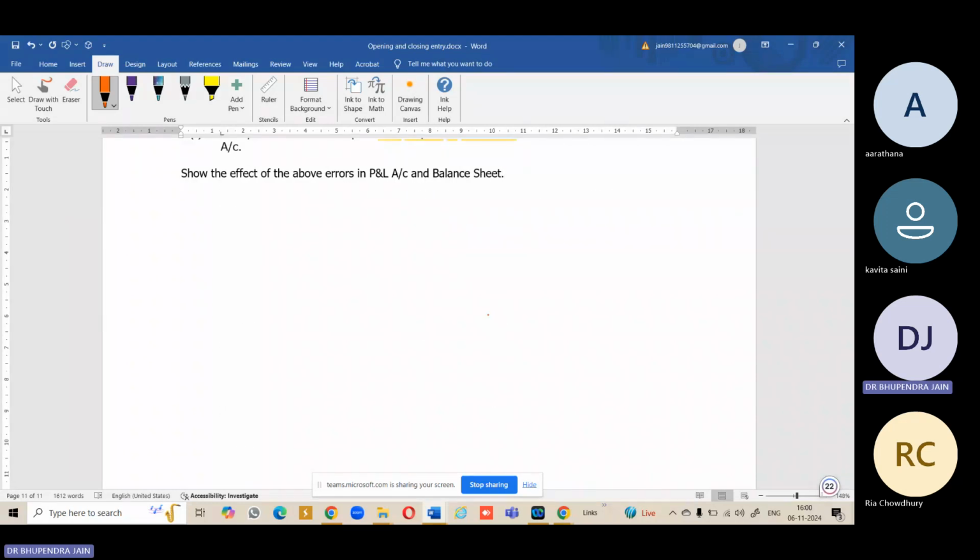Then how we will solve the question, इसे लिख देते हैं हम लोग यहाँ पर. Effects of the error in profit and loss account and balance sheet.